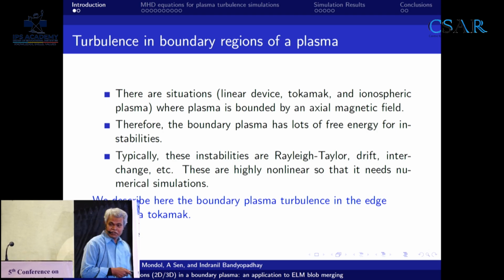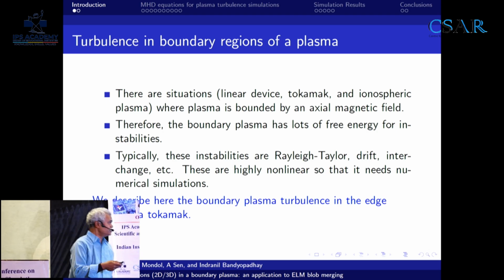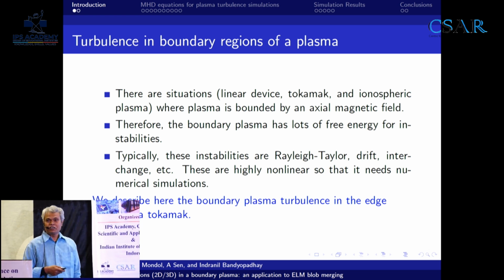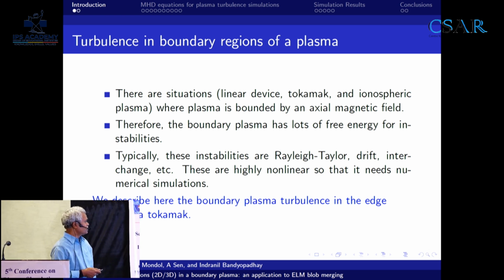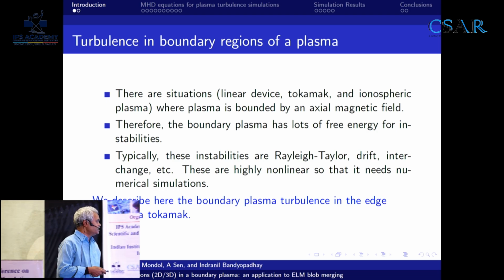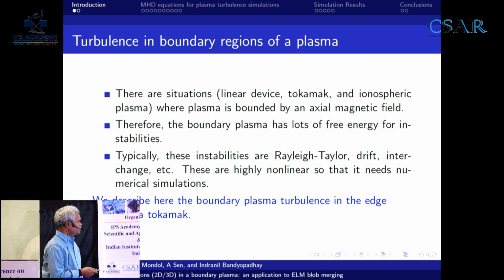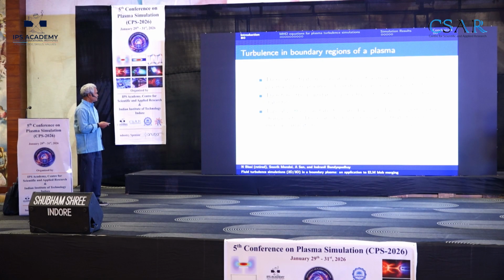As it is bounded, it has lots of free energy, and this free energy can give rise to instabilities. These instabilities are typically Rayleigh-Taylor, drift, interchange, also sometimes Kelvin-Helmholtz, which is not written here.